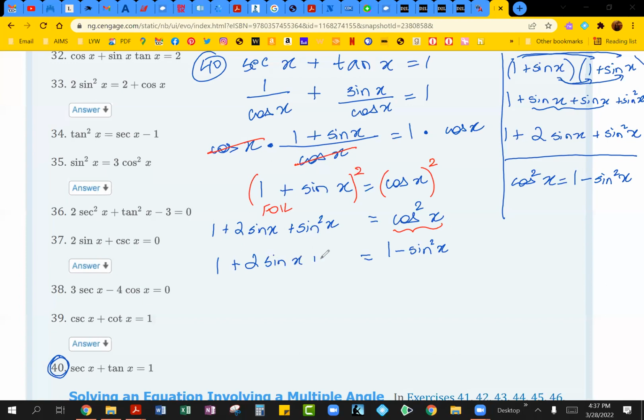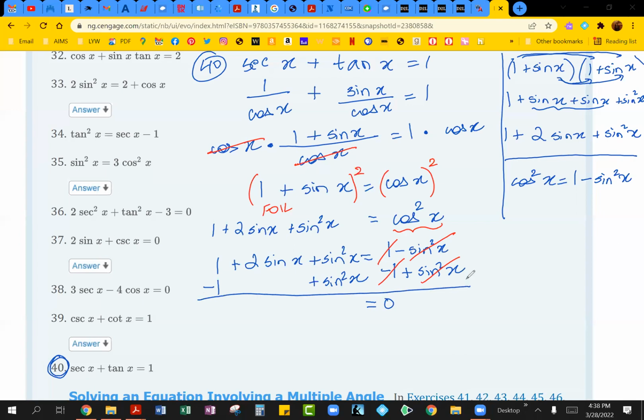So let's bring those down. You want to get 0 on one side and move everything else to the other side. So we'll start by subtracting 1 here, which will combine with this guy here. We will add sine squared of x, which will of course go with this guy here. And then on the right-hand side, the 1 cancels out, the sine squared of x cancels out, leaving us with 0, which is what we wanted.